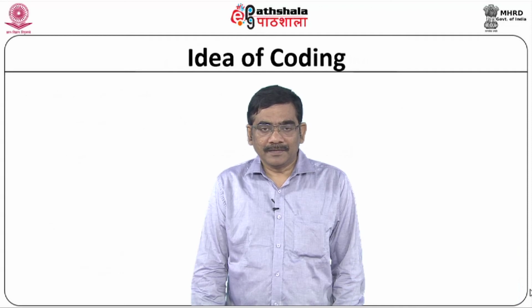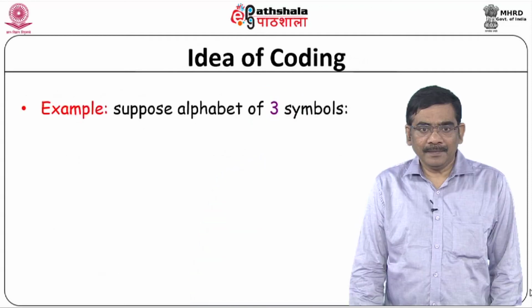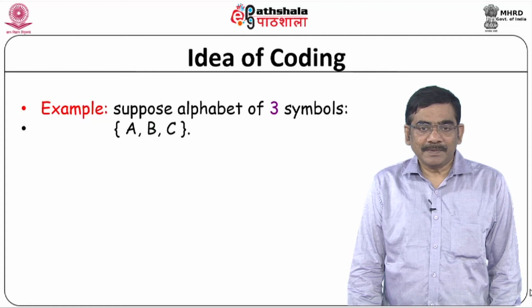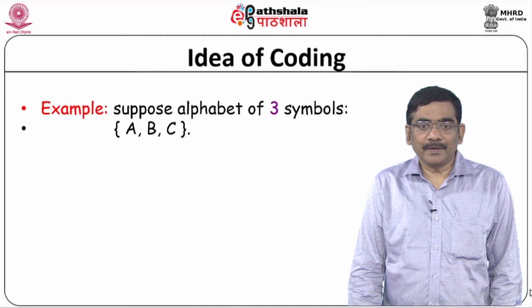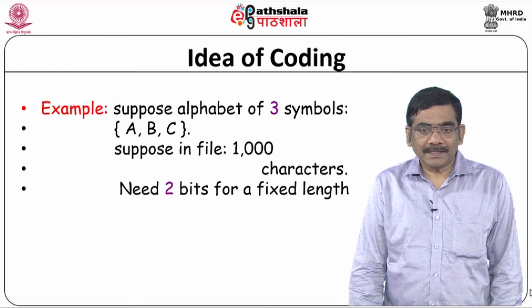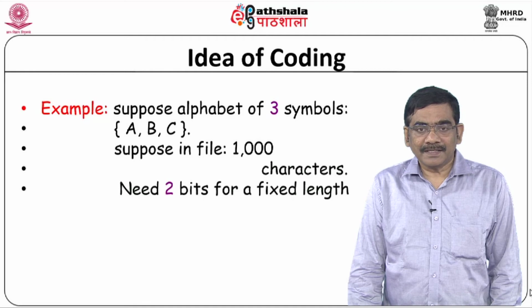So, the logic is very simple: optimal coding. Let us assume that I want to transmit 3 symbols A, B, C. Transmission requires encoding of these symbols as a code by giving some address. So, 3 symbols are there. Let us assume that I go for a fixed length code, so I can go for 00, 01, 10 and 11.